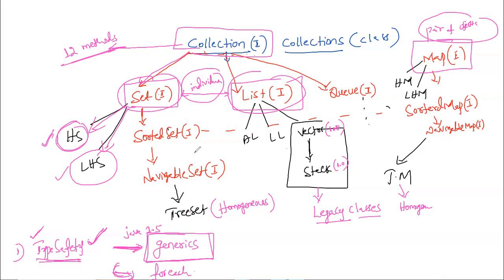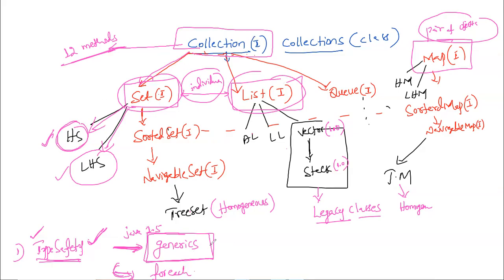That is the difference between collections and arrays. Arrays don't have predefined method support, but collections do. As a programmer, we only need to know which method to use in the right context. We are not bothered to write any logic. This is a glimpse of what we discussed in the last classes.